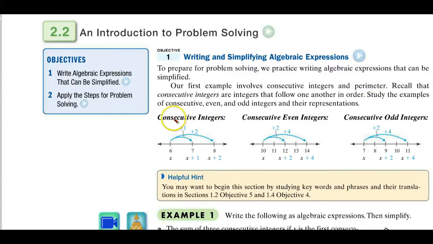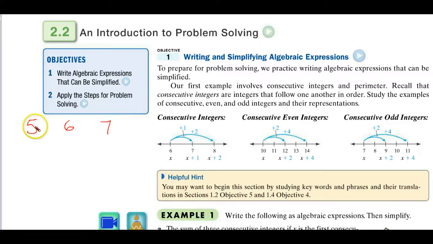We want to look at what are called consecutive integers, such as 5, 6, 7. These are consecutive integers. And we'd like to write these integers using algebra.